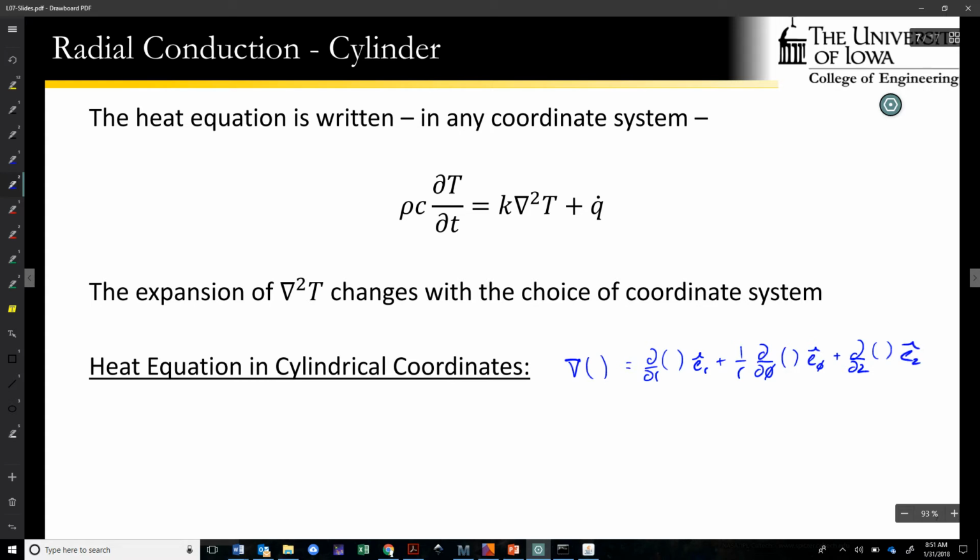Okay, so remember it's a gradient operator, but we have this 1 over r term in order to maintain dimensional homogeneity.